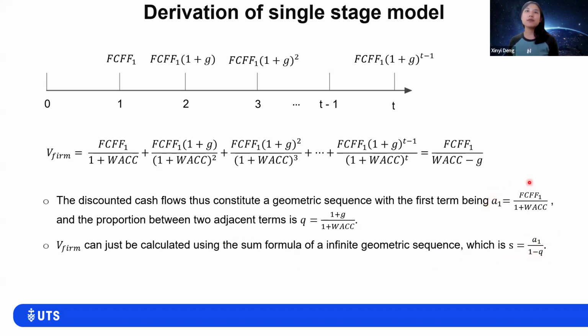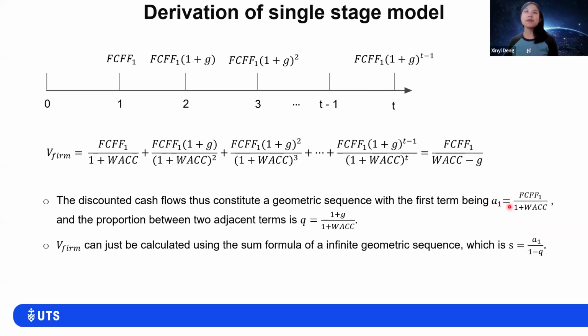So we just substitute the A1 and the Q into this formula, and we obtain the sum of all those terms, which is the value of the firm.